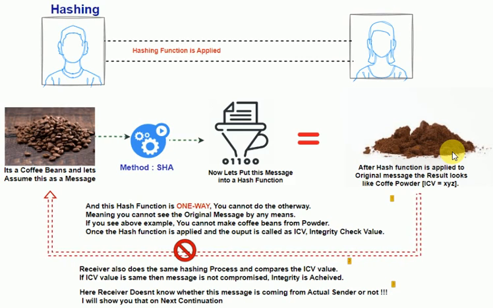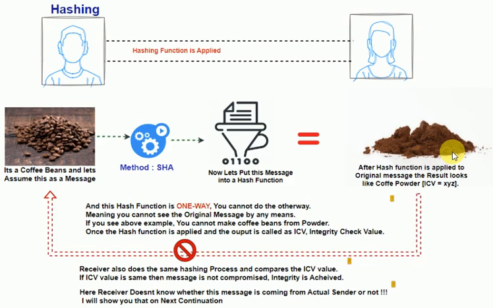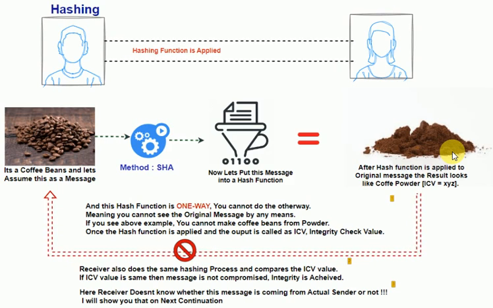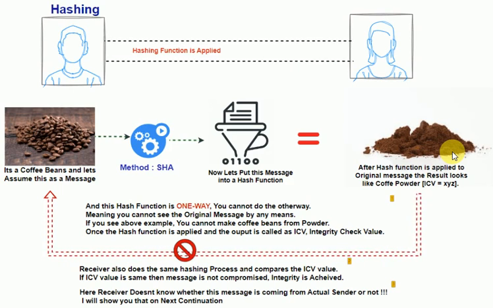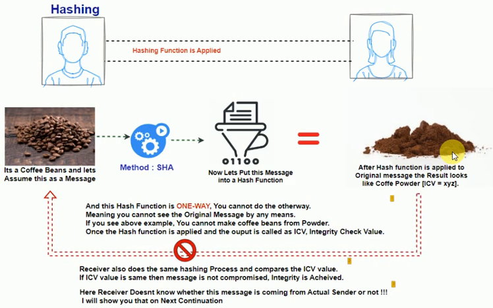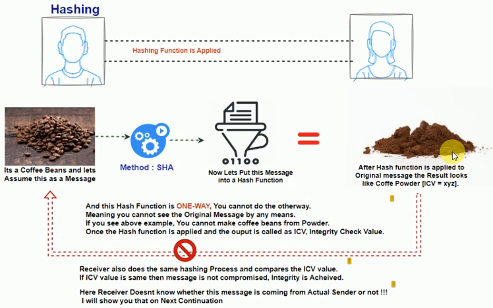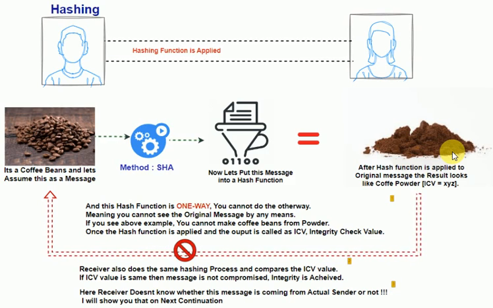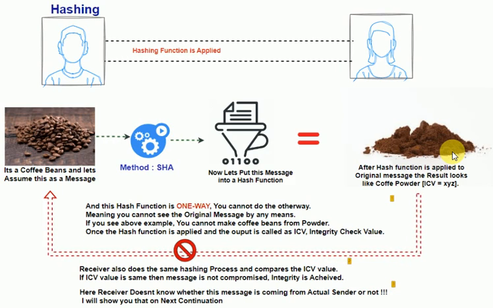You should not confuse hashing with encryption and decryption. In encryption and decryption, with the help of keys, public keys and private keys, you can encrypt and decrypt and know the actual data. But here, once you put the message in SHA, in a hashing algorithm, you will get the hash value, which we call an ICV.